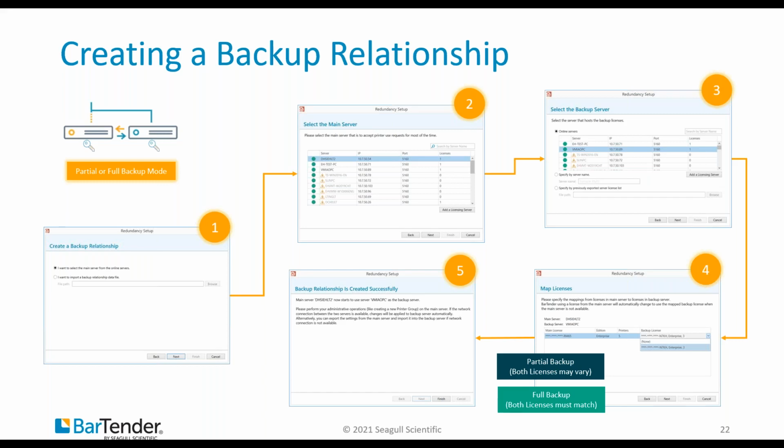So just as an example, let's say you had that enterprise 50 printer license for the main server, and that 50 printer license had a partition of, say, 10 printer licenses, 15 printer licenses, and 25 printer licenses, which would be the 50.